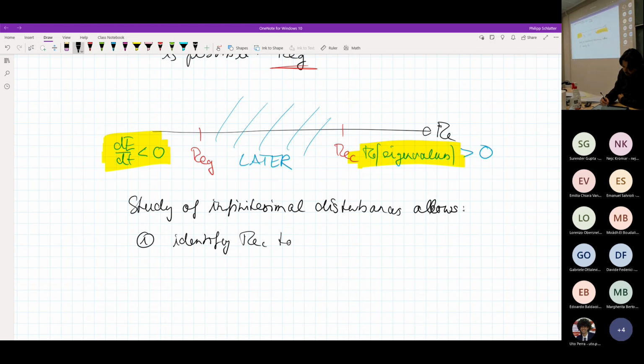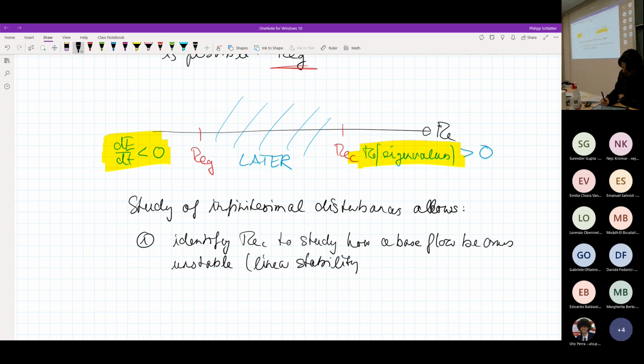Identify Ray C to study how a base flow becomes unstable. So that would be the classical linear stability problem.